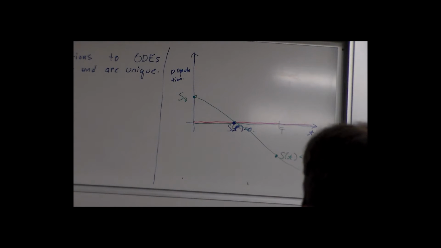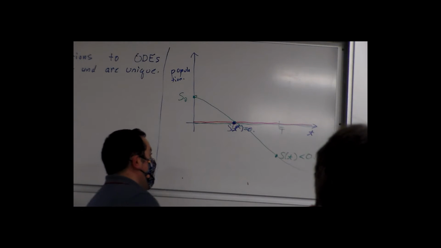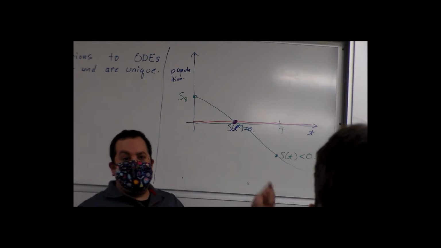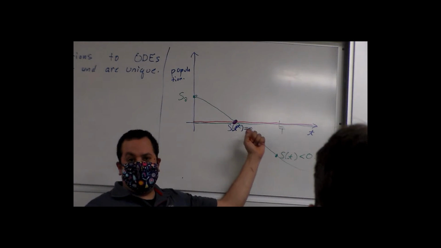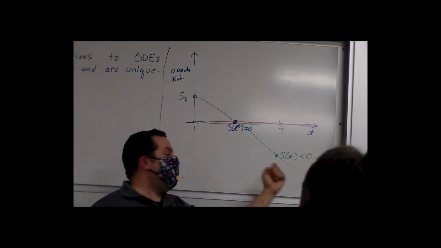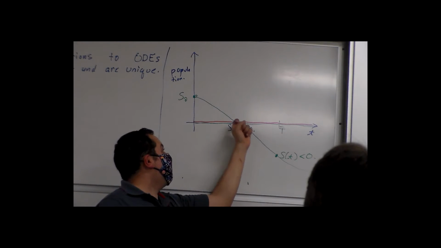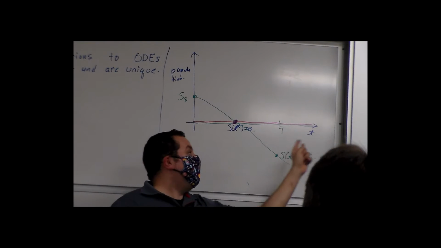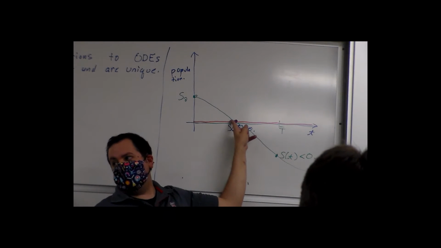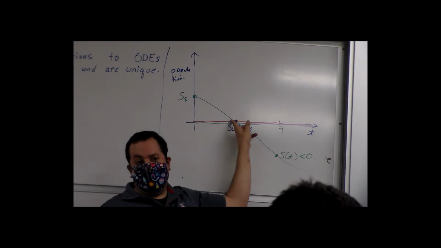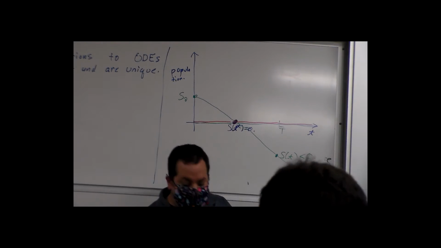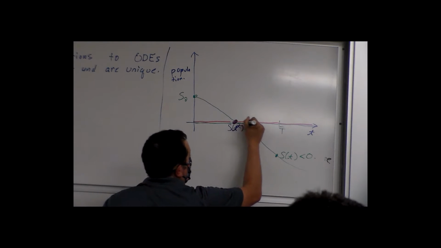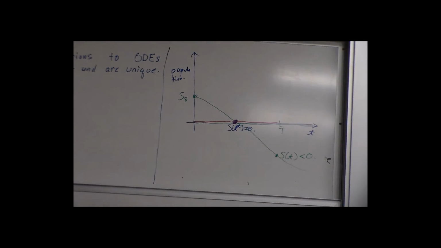Because at that time, you have two solutions. Okay, if at this time, if I go to this point, right? There are two different solutions. There's the green one that goes down, and then there's the green one that goes to the right. Both of those are solutions given an initial condition that starts at this time. That is a violation of existence and uniqueness. This is a fundamental property of solutions of ordinary differential equations that they cannot cross.